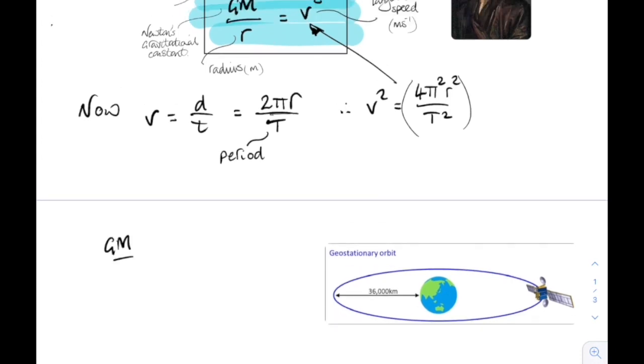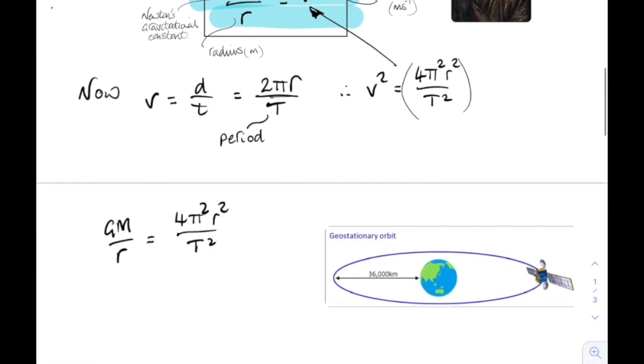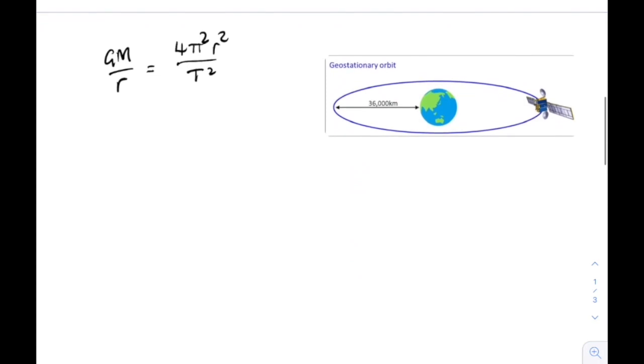So GM over r is going to be equal to 4 pi squared r squared over T squared. And we want T squared to be the subject of the relationship here.